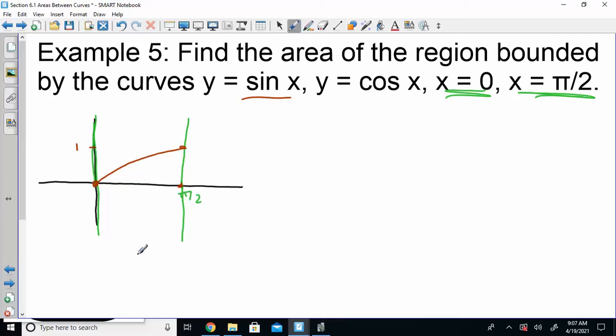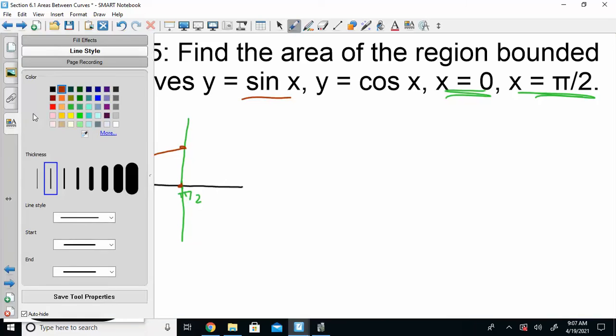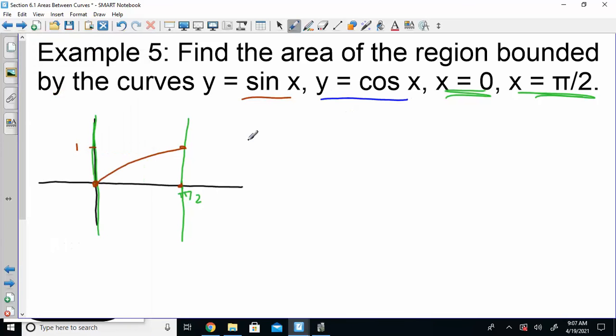Sine of 0 is 0 and sine of 90 is 1. If I looked at cosine, what's the cosine of 0? 1. And the cosine of 90? 0. So my cosine looks like this.